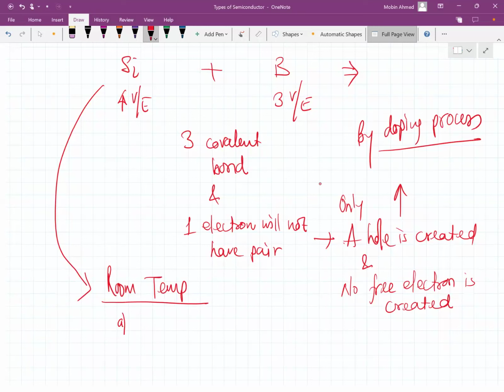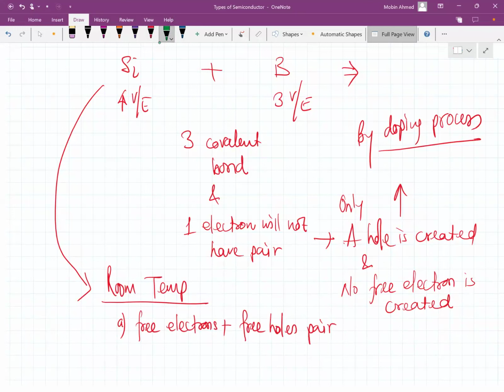In that way, it is going to create free electrons plus free hole pairs. It will always be in pairs. So free electrons and free holes are going to be there.